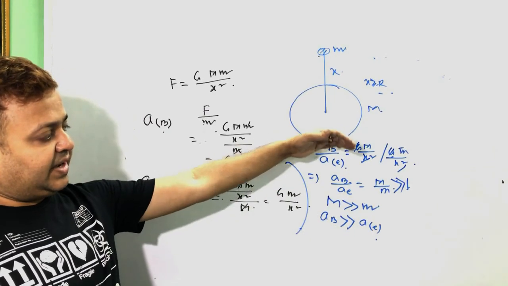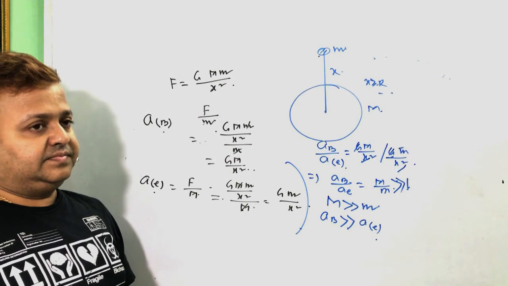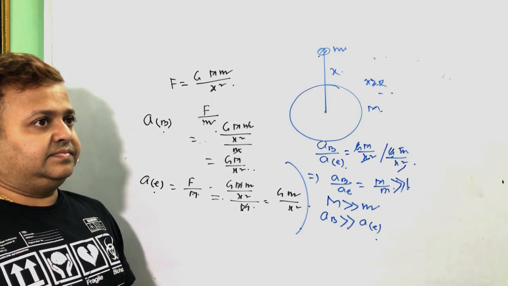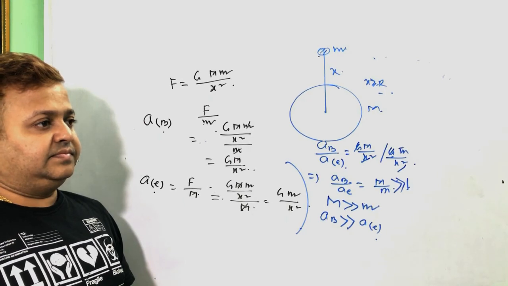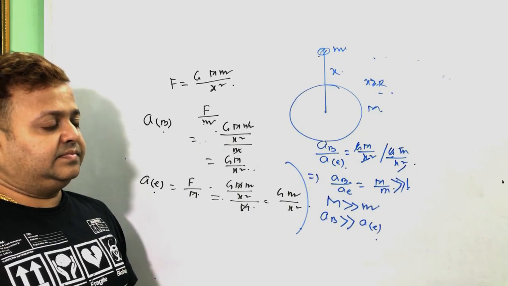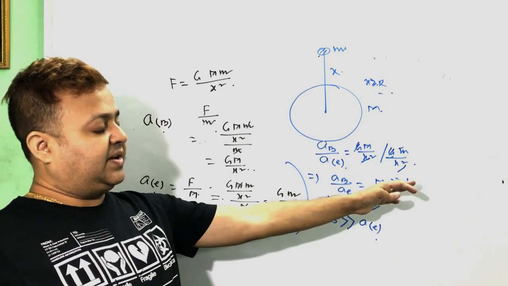The acceleration of the body by acceleration of the earth is this one. So capital M by small m is much greater than 1.